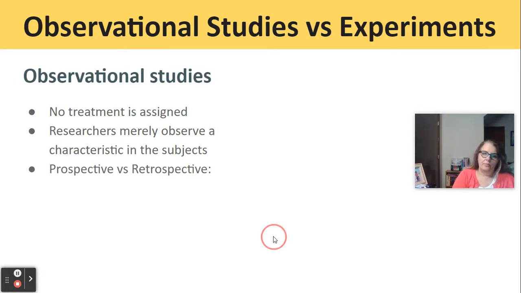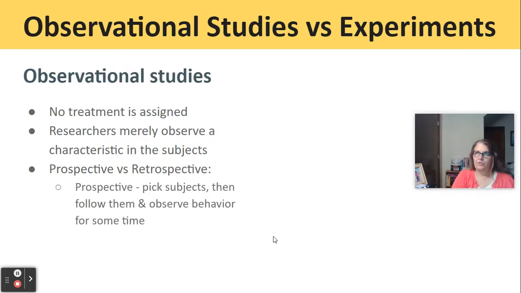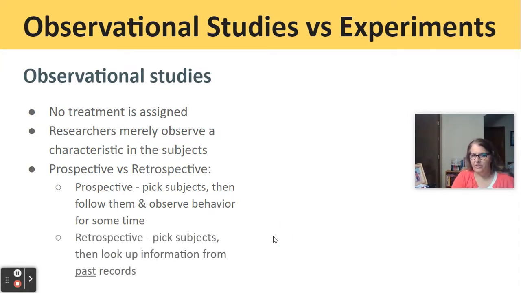Prospective just means you pick the subjects, then you follow them and observe their behavior over some time. Retrospective doesn't mean you pick your subjects, but you go back and look at previous records, like medical records, and observe their behavior that way.